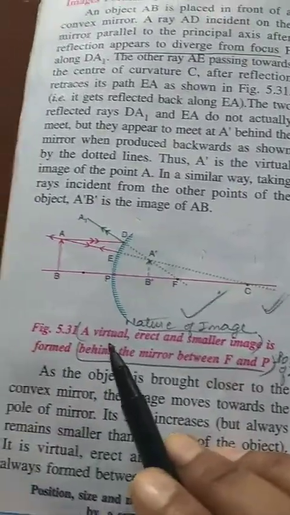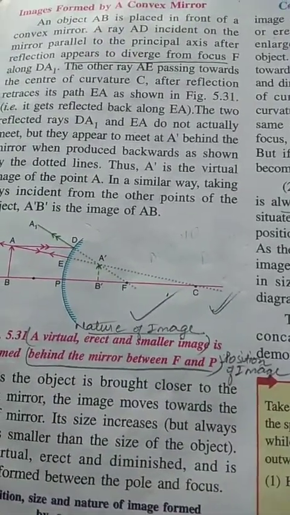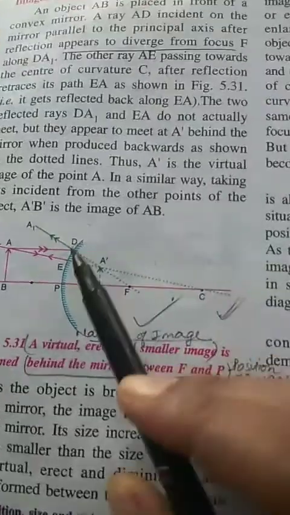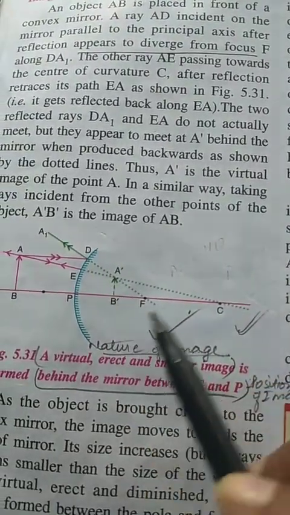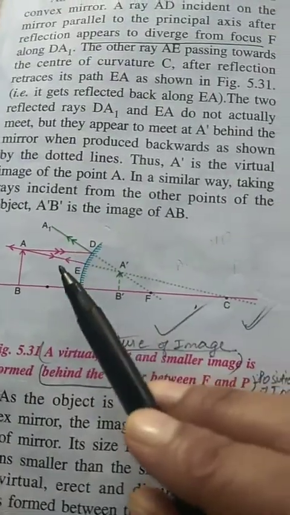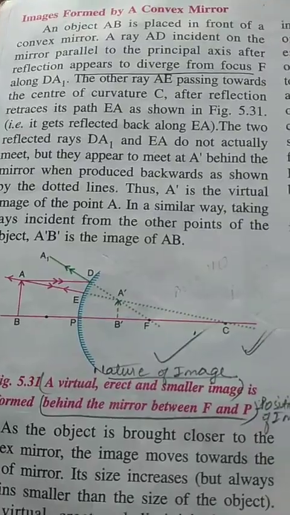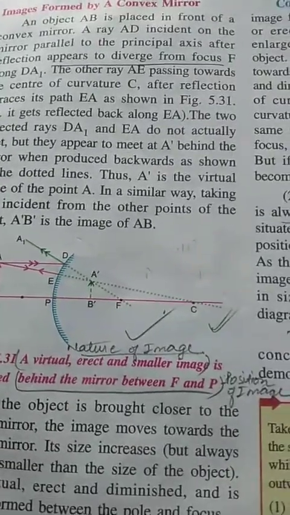So the nature of image is virtual, erect and smaller, and it is behind the mirror. And these green lines are showing the imaginary lines. We have just imagined this because we cannot make it in a convex mirror, since the images are formed behind. So this way we are finishing the chapter.